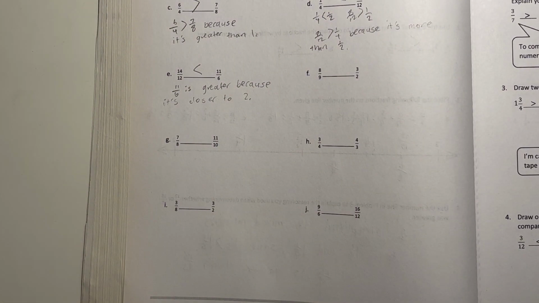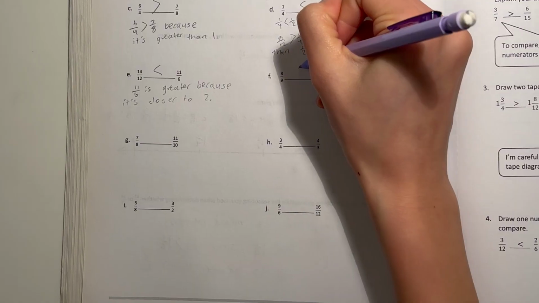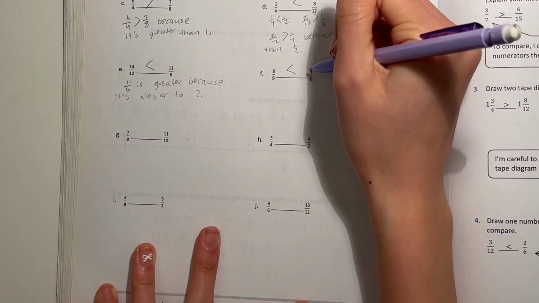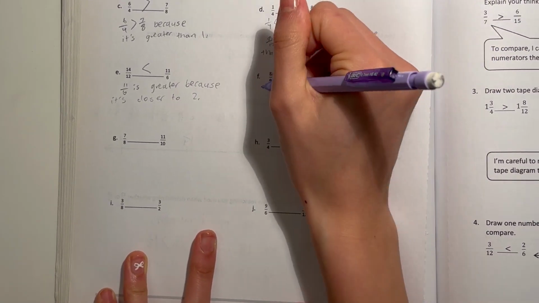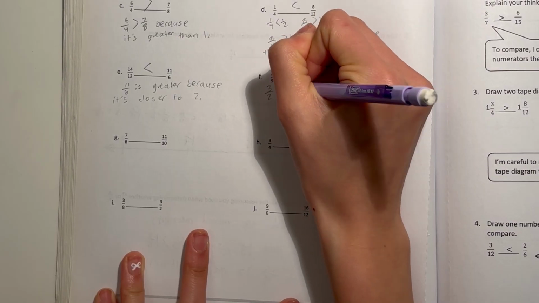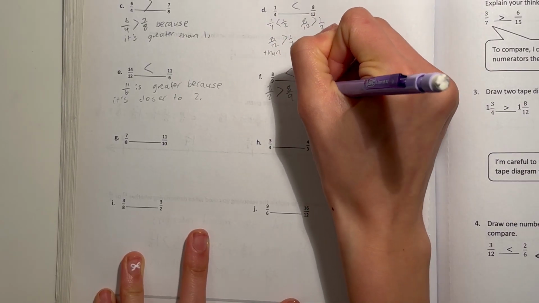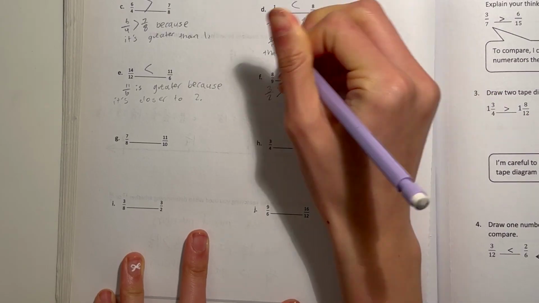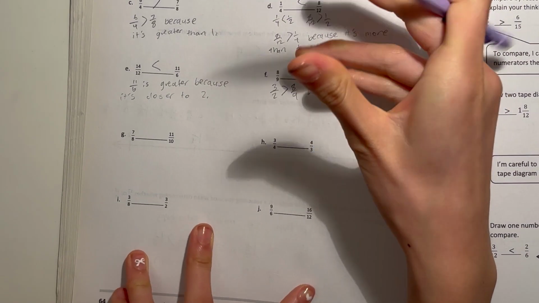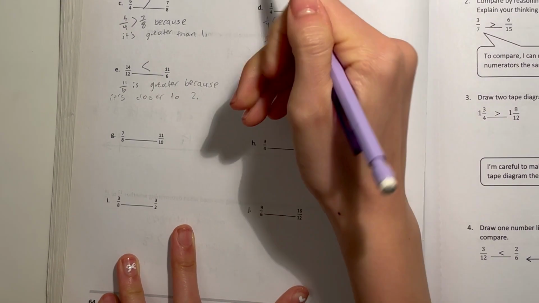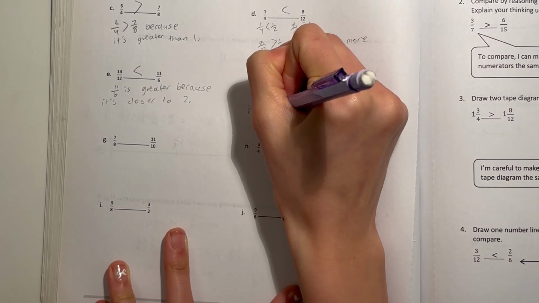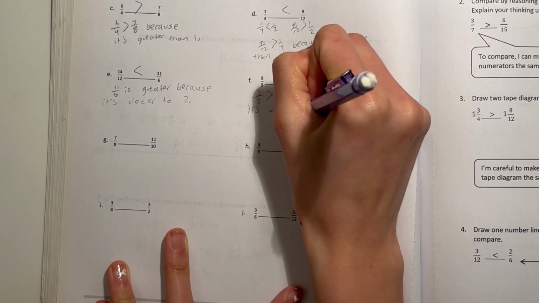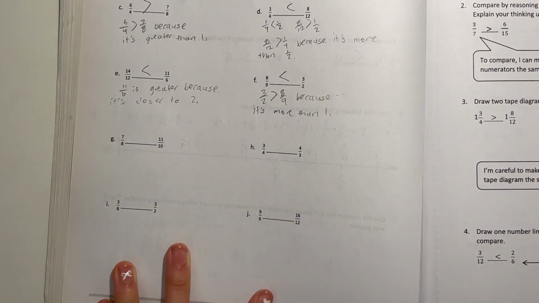Now F, 8/9 and 3/2. We can tell 3/2 is greater than 8/9 because the numerator is greater than the denominator, so it's more than 1.